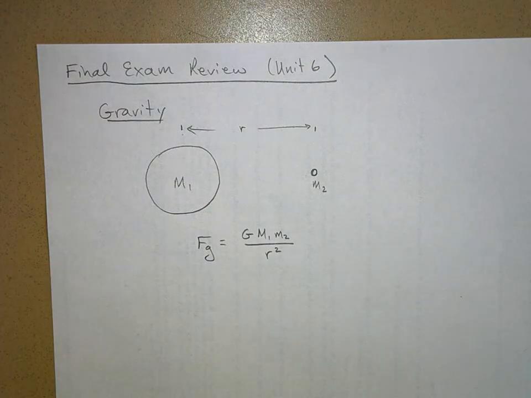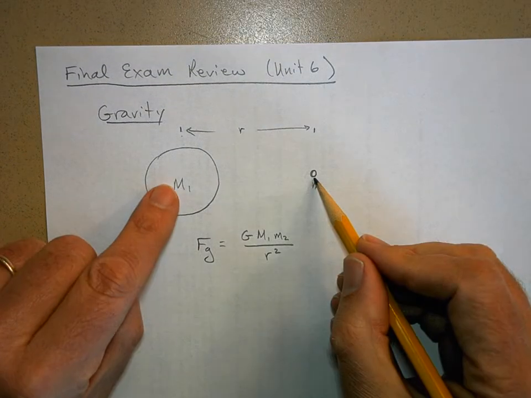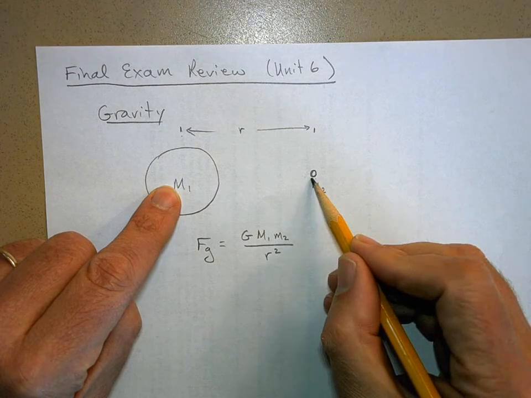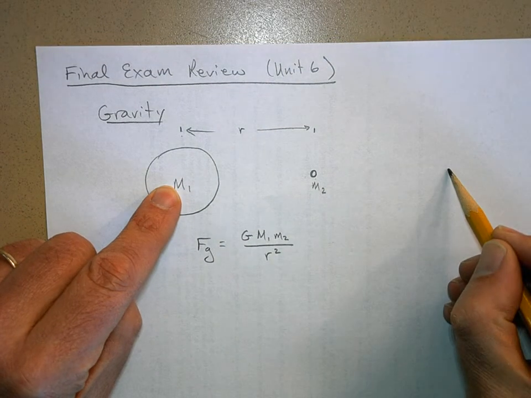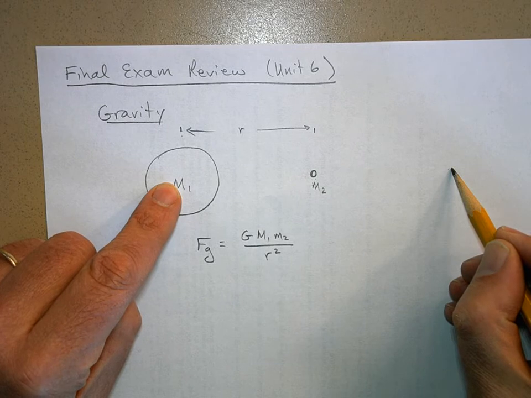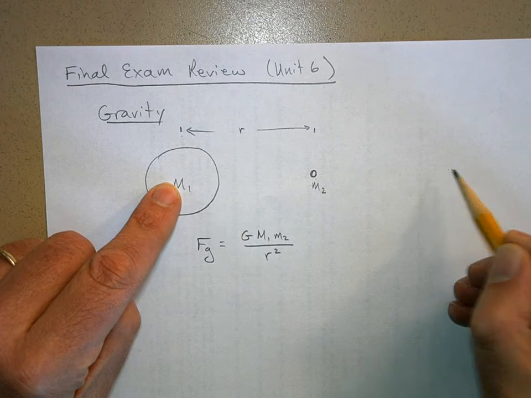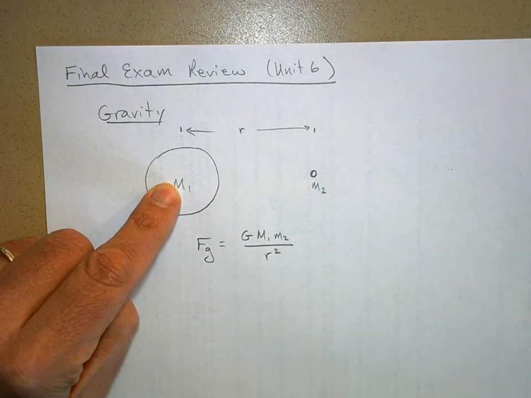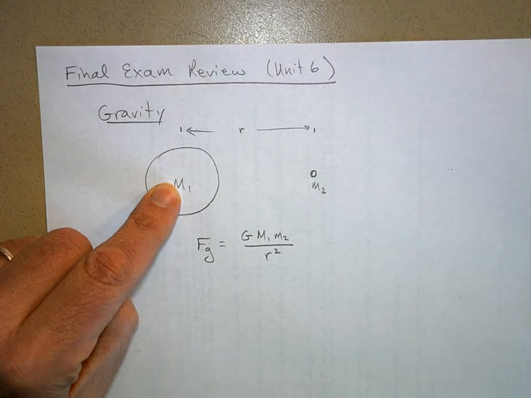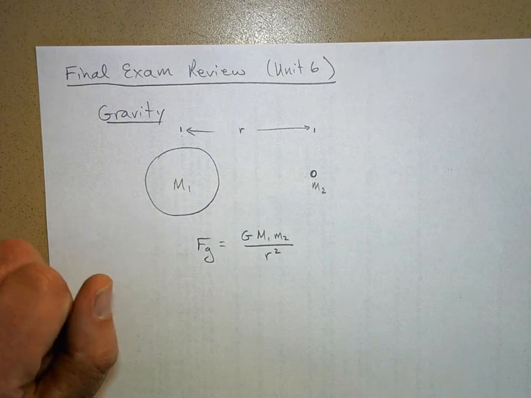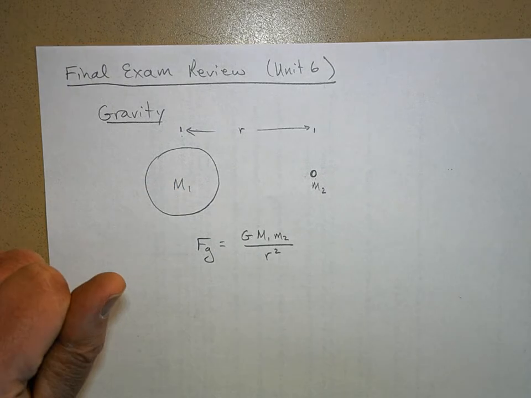If the two objects are twice as far apart, let's say I move object 2 and make it twice as far from object 1, does that mean that the gravity is half as strong as it was before? No. Because the gravity decreases by the square of the distance.